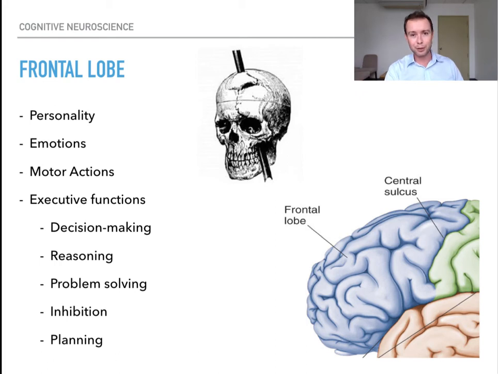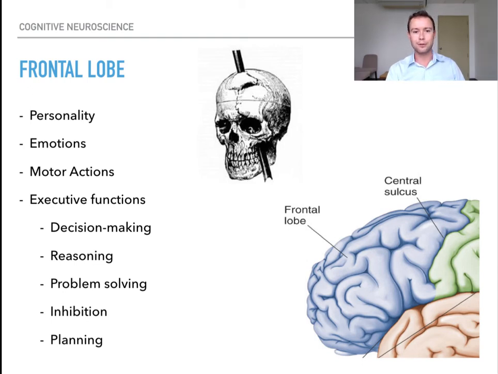If you haven't come across it already in one of your courses, you'll be introduced to the case of Phineas Gage. This is somebody who had a tamping rod go through the prefrontal cortex, part of the frontal lobe, and fundamentally changed who he was. He changed his emotional responses and his behaviors, implicating the fact that the frontal lobe must have some role in aspects that are core to ourselves, such as emotions.